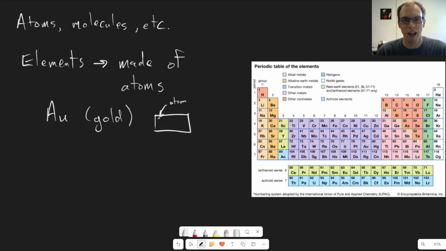We'll spend a lot more time discussing atoms and how they're made up and what atoms are composed of as we go throughout the class. But here we're just covering terminology. We classify atoms depending on what kind of element they belong to in what we call the periodic table of the elements. I have an example right here of what the periodic table looks like.